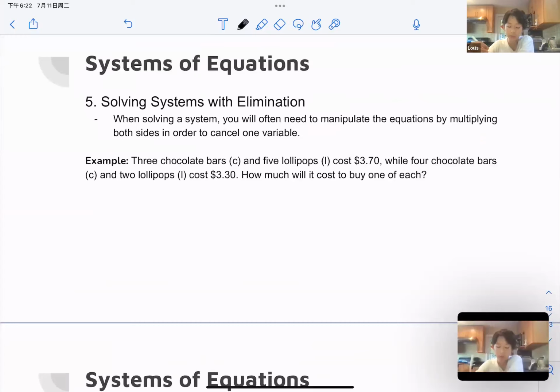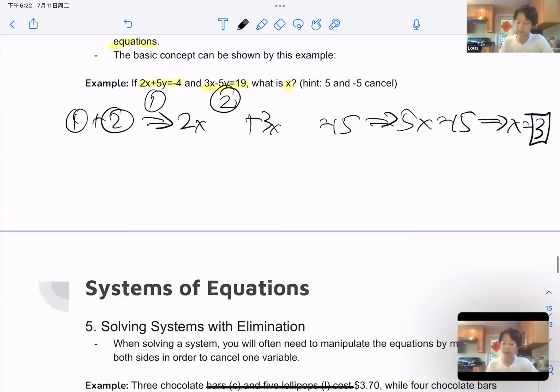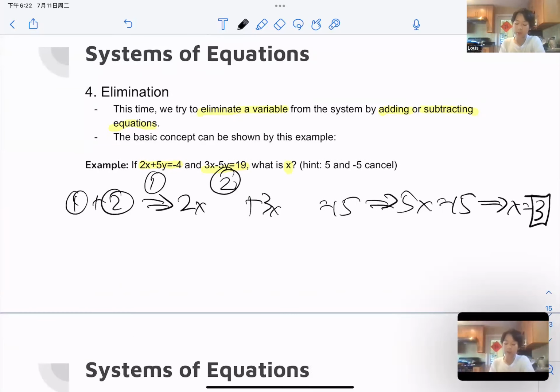So, solving a system with elimination. When solving a system, it's not usually like the previous example when there's a 5 and a -5 that cancel right away.